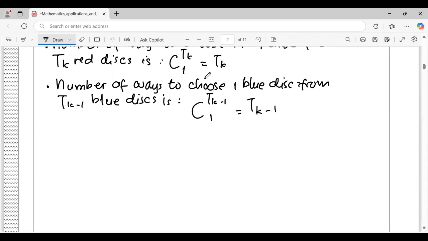We're going to use this result for the next calculation.